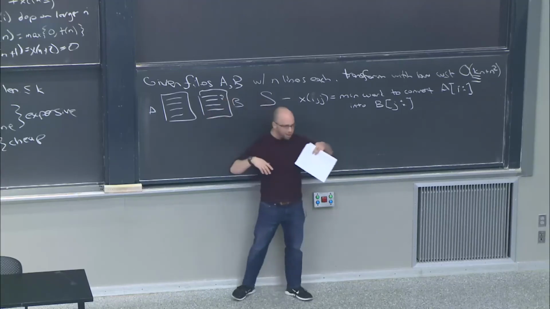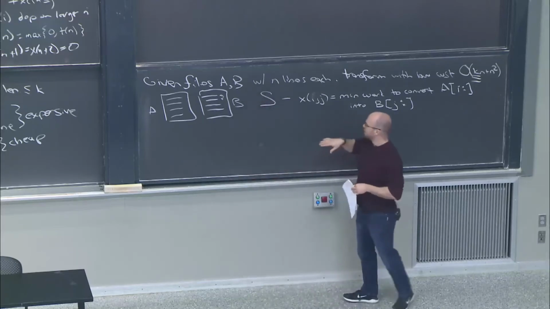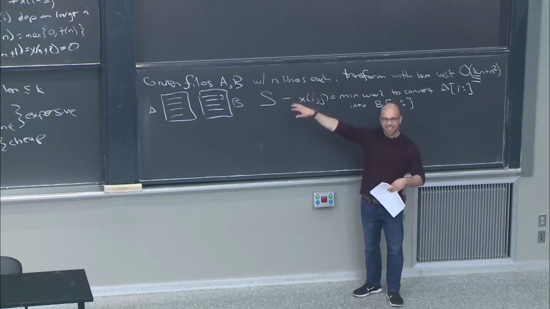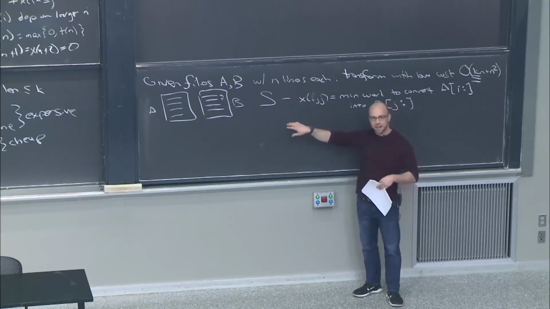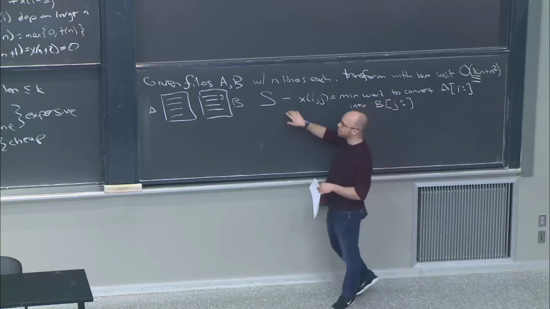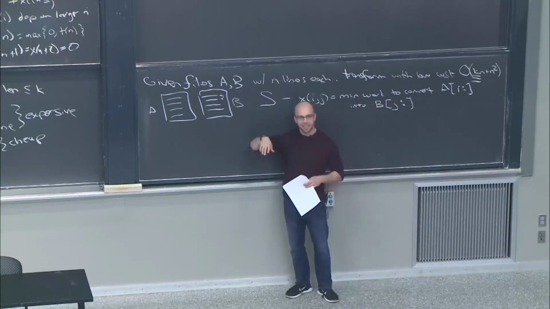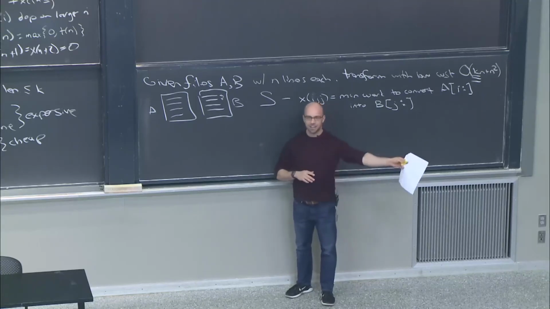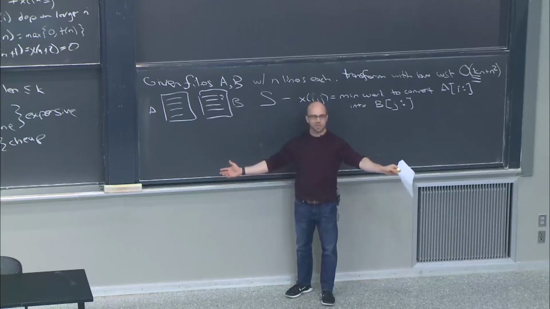Now the thing that got me all hung up last night: my original problem assumes that both of my documents have the same length, but here I'm not making that assumption, right? And essentially what we're going to figure out is that that actually doesn't matter a whole lot. If I end up with one document of length L and another document of length 0, what's the amount of work that I should do to convert?